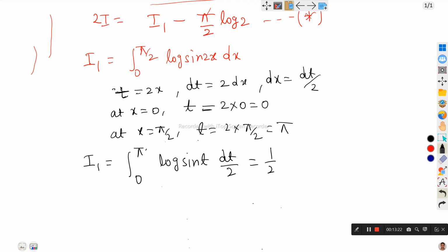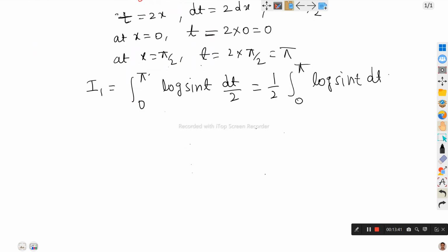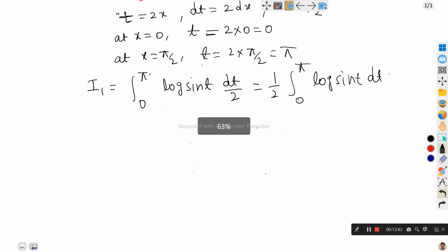This can be written as 1 upon 2, since 1 upon 2 is a constant, times the integral from 0 to pi of log sin t dt. Again, we use the formula that we mentioned earlier, the second formula. We use f of pi minus t, which equals log sin of pi minus t.